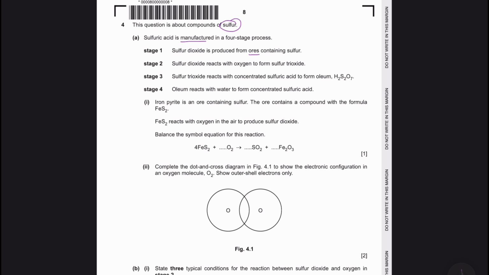Stage 2, sulfur dioxide reacts with oxygen to form sulfur trioxide. Stage 3, sulfur trioxide reacts with concentrated sulfuric acid to form Oleum, and they've given us the formula here, which is great. And stage 4, Oleum reacts with water to form concentrated sulfuric acid.